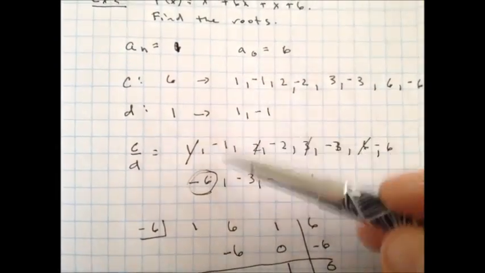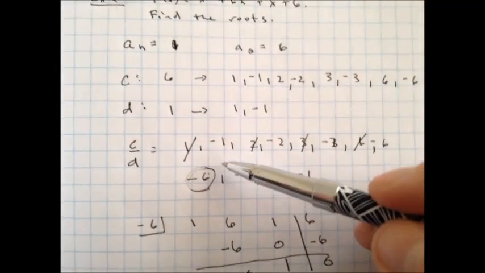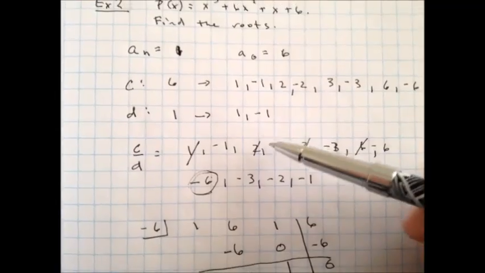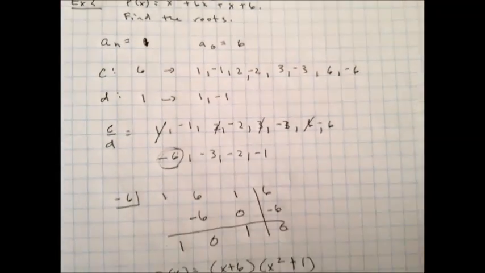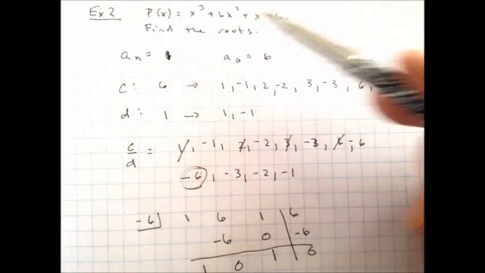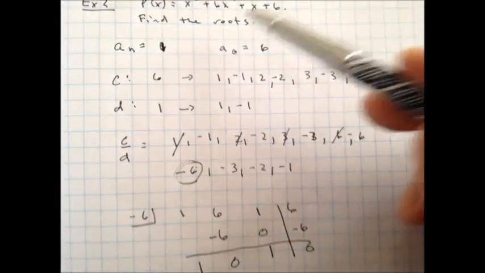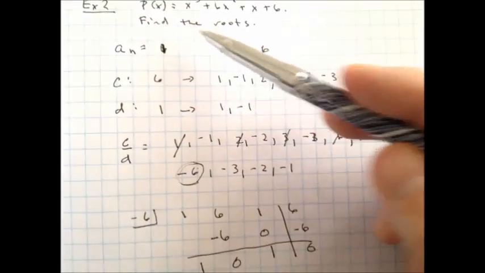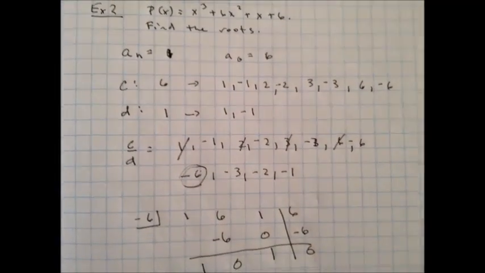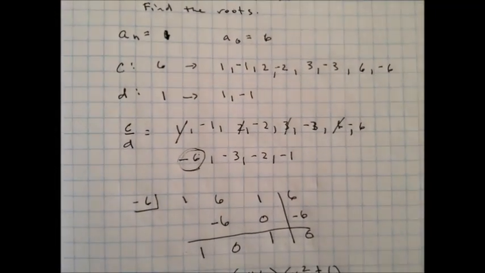Because if we notice, 1 over 1 is 1. Negative 1 over negative 1 is negative 1. 2 over 1 is 2. Negative 2 over 1 is negative 2, and so on and so forth. So, that's one of the other key things. If everything is positive, you can mark out the positives. If the lead coefficient is 1, then all you need to do is look at that last term. Okay? So, that is the lesson.